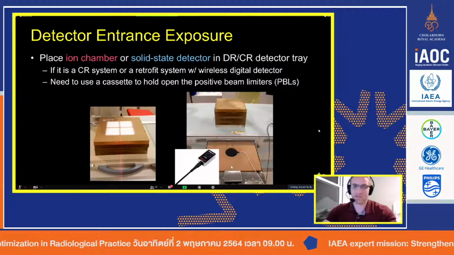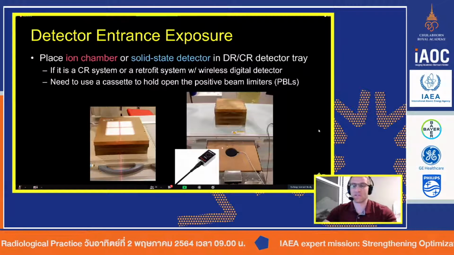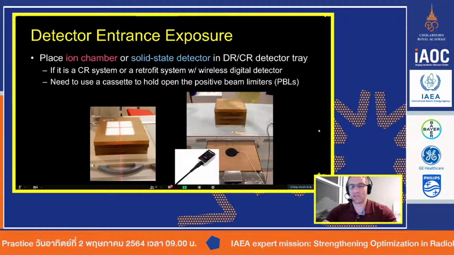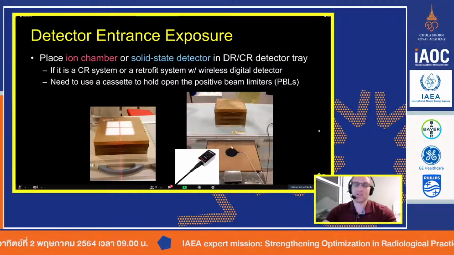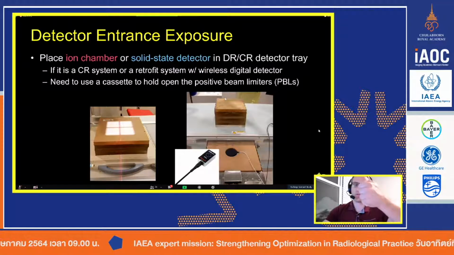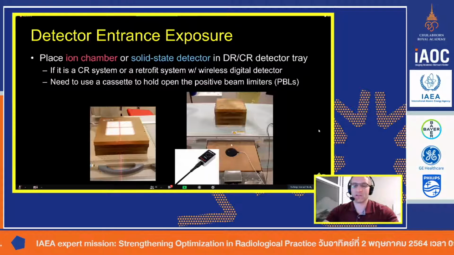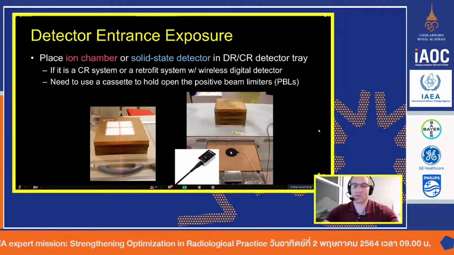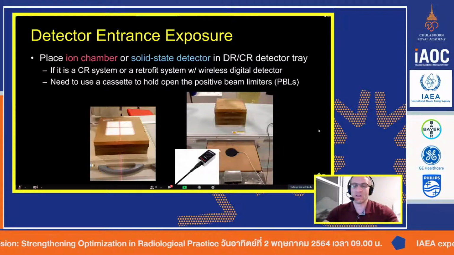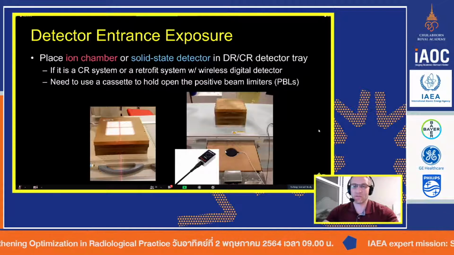And the technologists and physicists know that if there is no cassette in this type of machine, you can't pull the trigger. You can't actually cause beam on. So you have to do that and place your detector somewhere in the center of the exposure field of view.